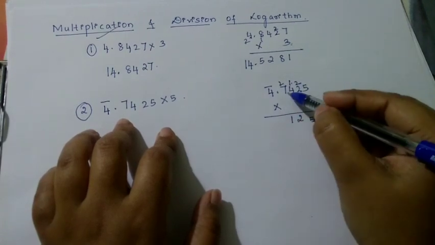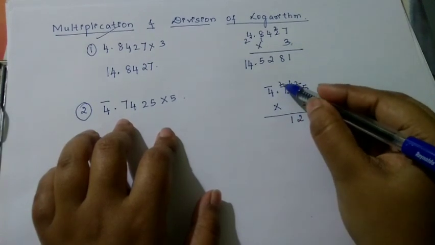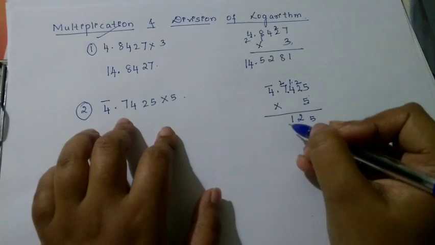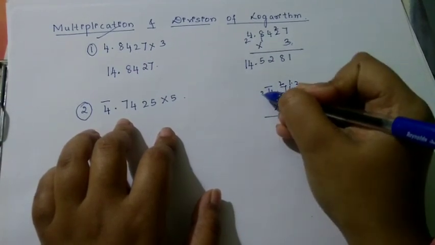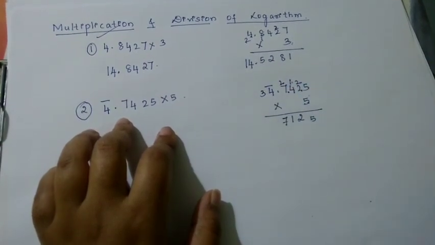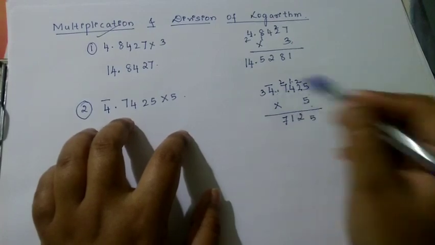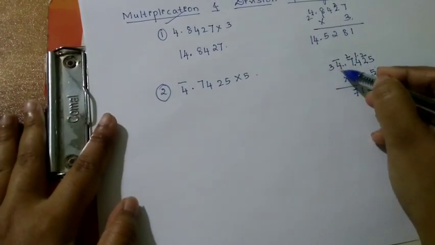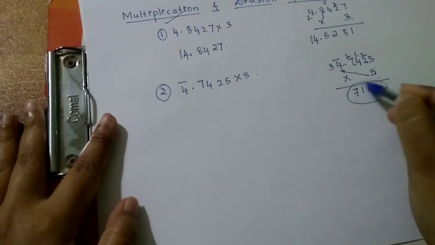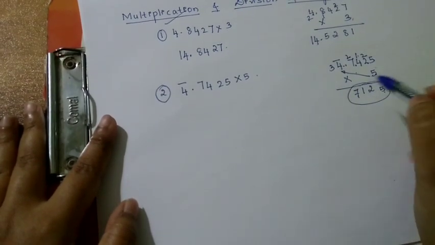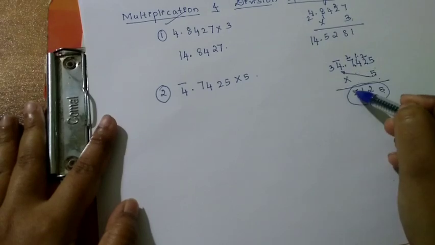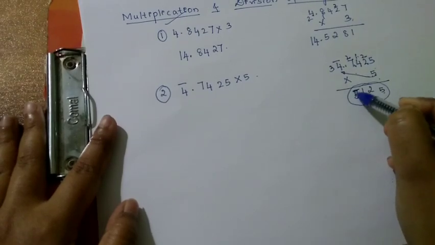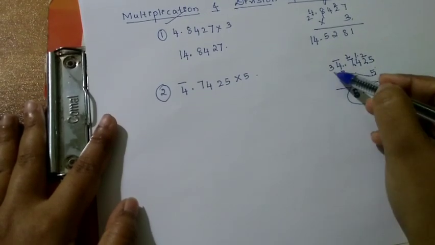Okay, 5 7s are how much? 35, 36, 37. So 7 and 3 goes here. Okay, this part: 5 4s are how much? 20. This part, how we have to do it: this is the mantissa part. So 5 7s are 35, 5 and 3 comes here.